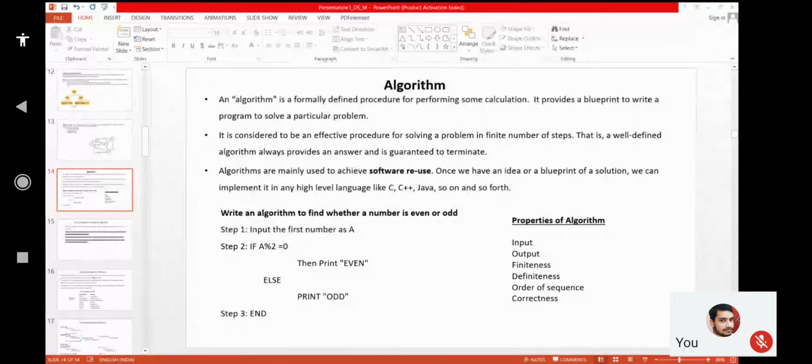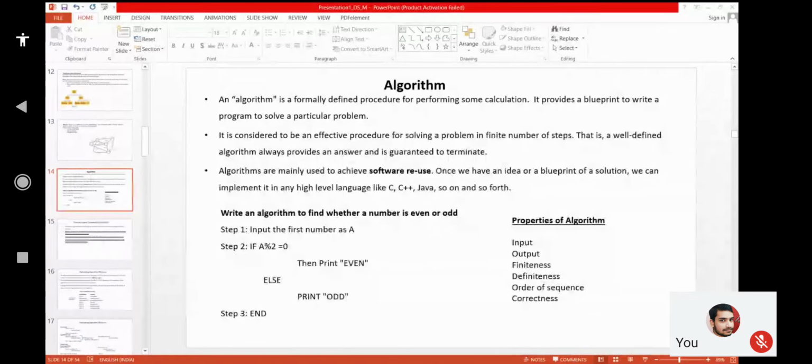Number 3 is finiteness. What does finiteness mean? That means a finite number of instructions are there in this algorithm. Here it's a very simple problem, and the sequence of instructions is 1, 2, 3.